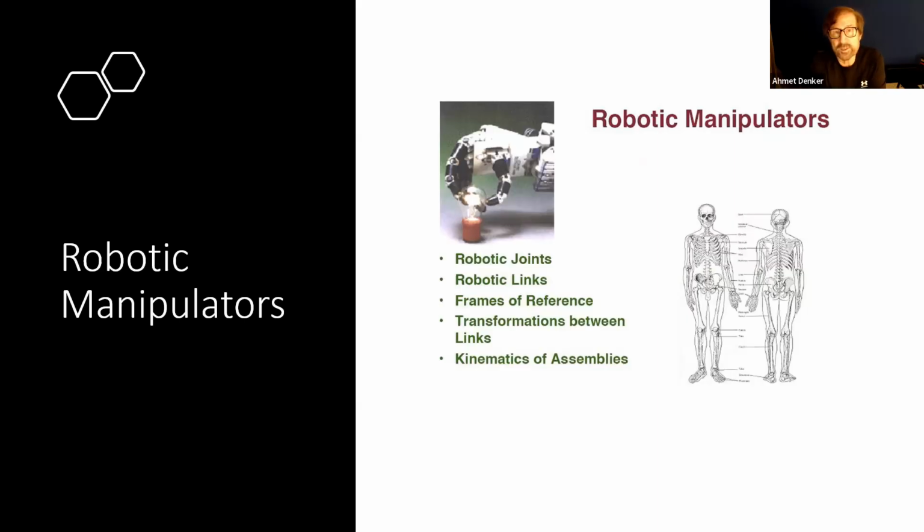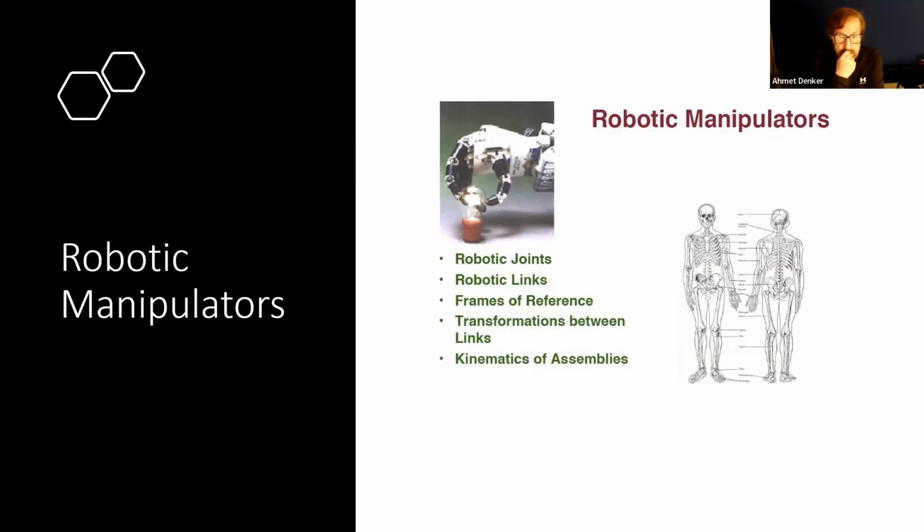And we already have seen that we can have even more joints, or more variety of joints, than the human body. And links: the parts which are connected by joints are called links.